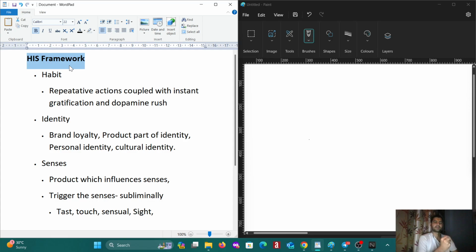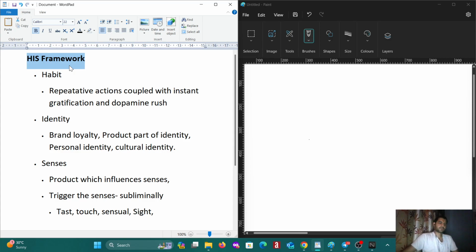How can you make this happen? There are many frameworks and strategies built by various other people, but I will go deep down to the very core level at which things work, and this is where the HIS framework comes into the picture.